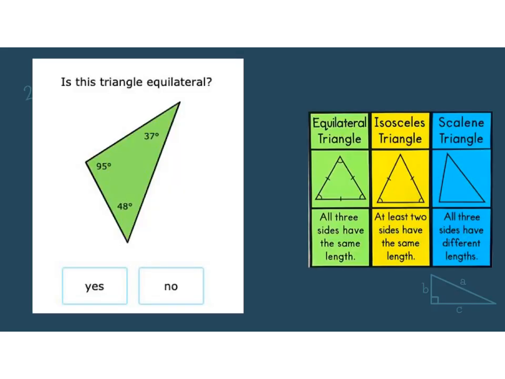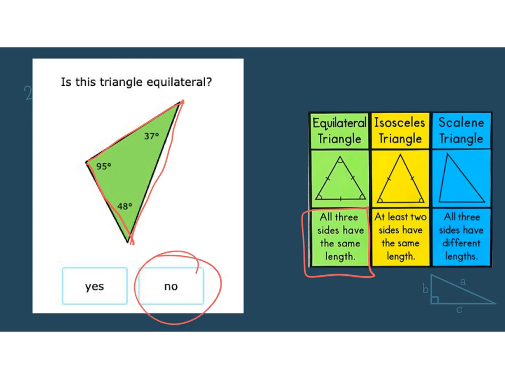Okay, is this triangle equilateral? Well, let's see. Equilateral means they all have the same side length. Does this side look like it's equal to this side and this side? I know we don't have side lengths, but does it look like they have the same lengths? I would say no, it does not.